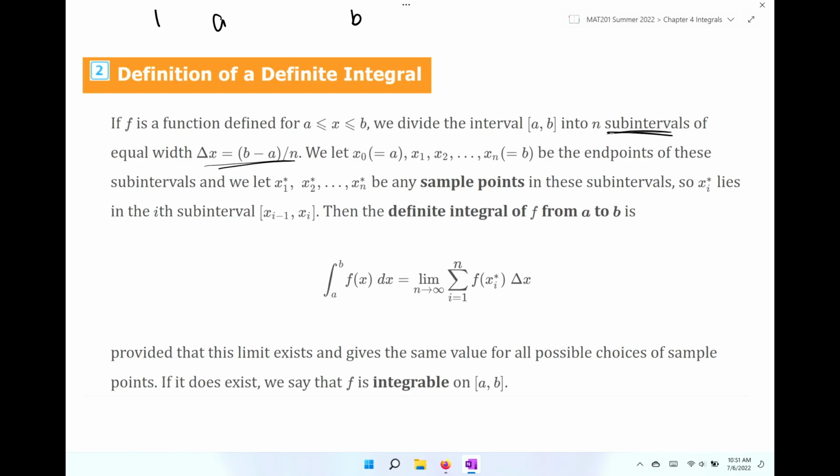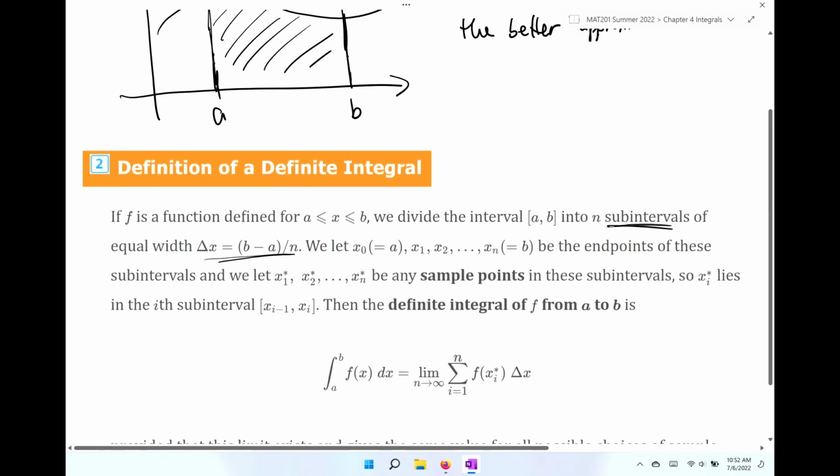In other words, x sub 0 is going to be the very first part of the interval. Then you have x1, x2, x3, and x4, all the way up to xn, where xn is going to be equal to b. So if I scroll back up, this right here is x0, and that right there is xn, and then everything in between is going to be x1, x2, and so forth.